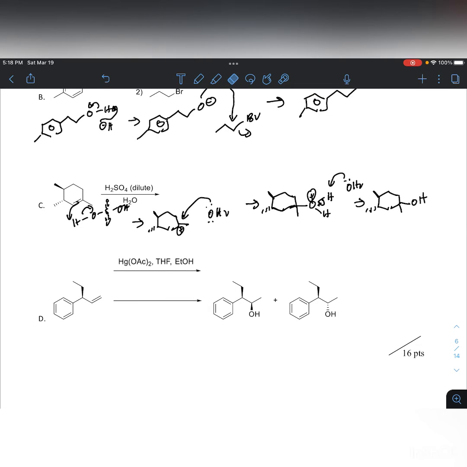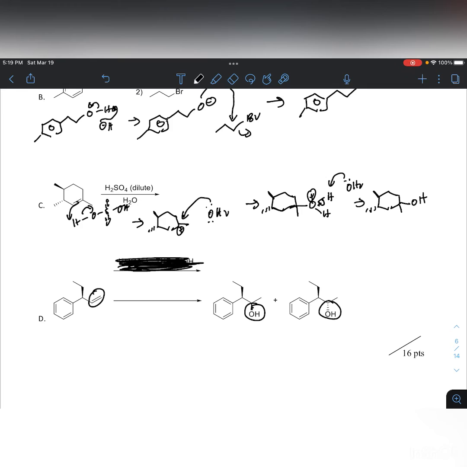Let's go ahead and do D. I see some of the keys showing up here, so I'll go ahead and remove that. All right, so for D, we have this alkene, and it basically goes into an alcohol. So whenever you see this type of problem, you quickly think of addition of water or some type of alcohol to an alkene.